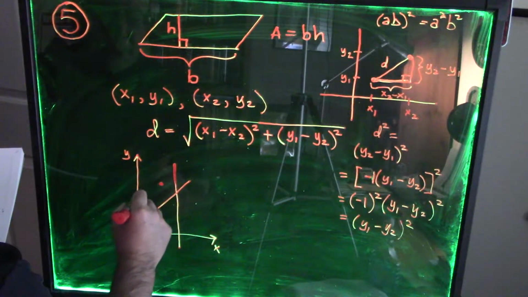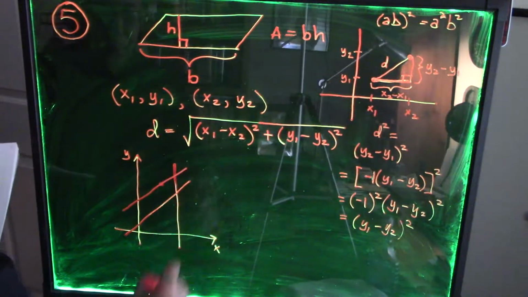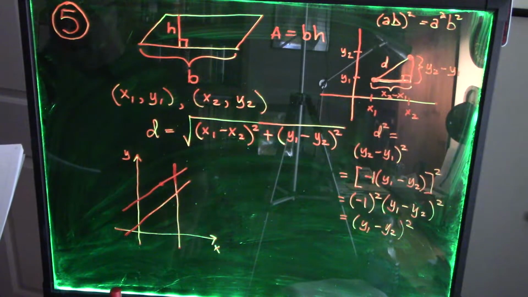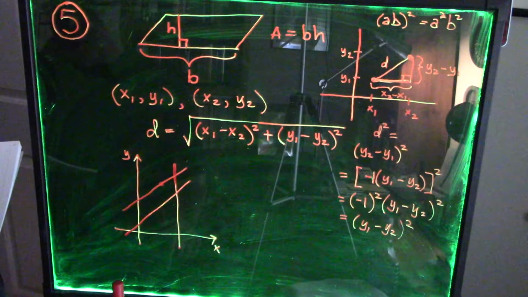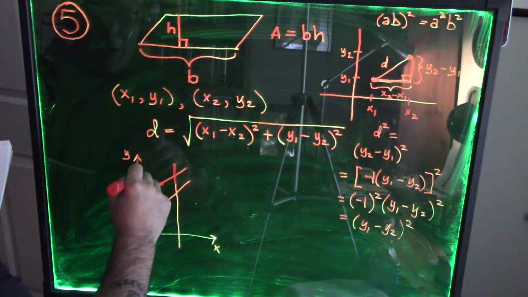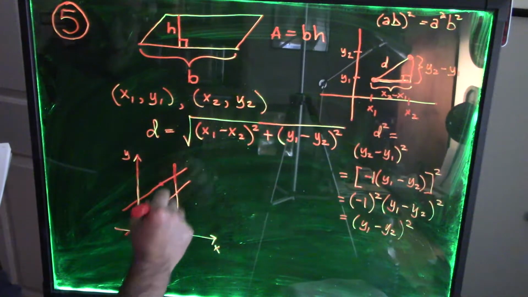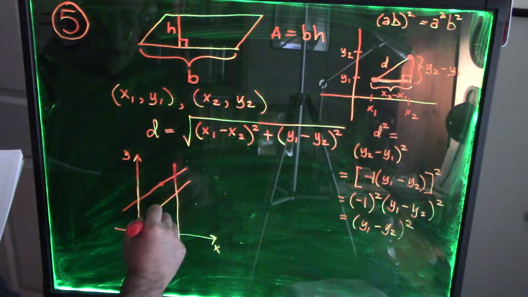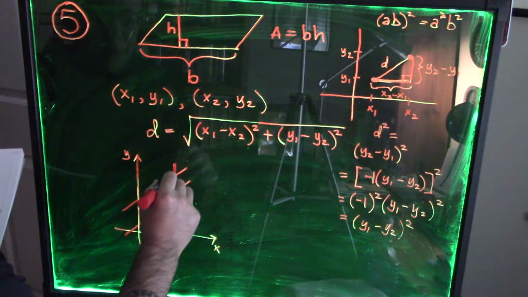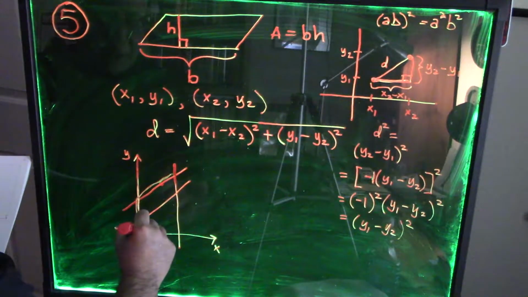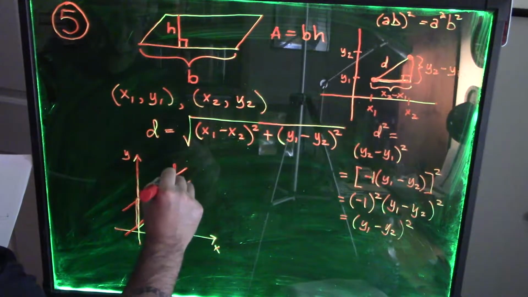So you've got a parallel line going through like that, parallel to this line. What else? We need to find the area of the parallelogram that's formed by the y-axis and this x equals 3 and these two lines here. So we're looking at this parallelogram that I'm outlining right here.